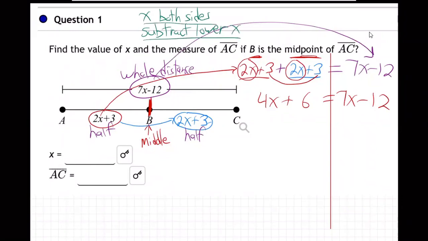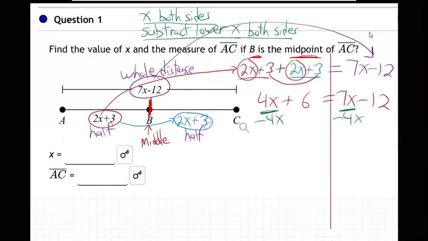So when you have x on both sides, see how we have an x here and an x there? When x is on both sides, subtract the lower x from both sides. Exactly. So the lower one is going to be the 4x, huh?